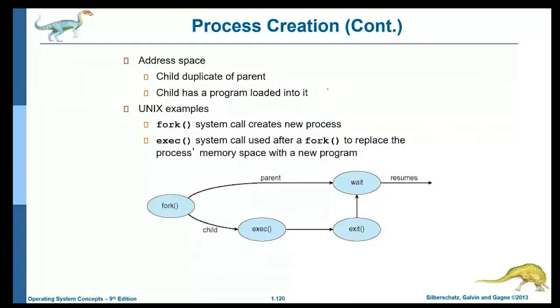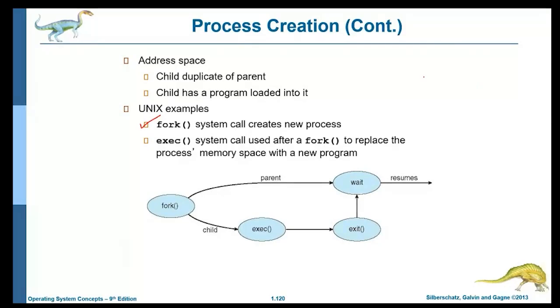So let's see how processes are created in the set of Unix operating systems like macOS, Linux, BSD, and these kinds of operating systems. In these operating systems, the parent process uses the fork system call to create a child.